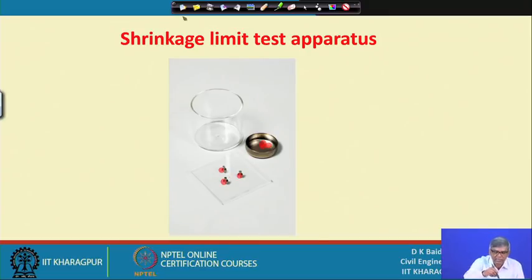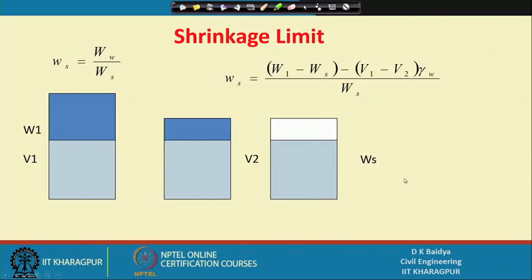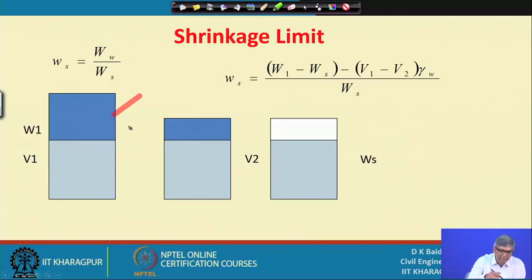After doing all those things, we can take help of this diagram to find out the shrinkage limit calculation. So, suppose the initial volume was this, the weight was W1 and the volume was V1.